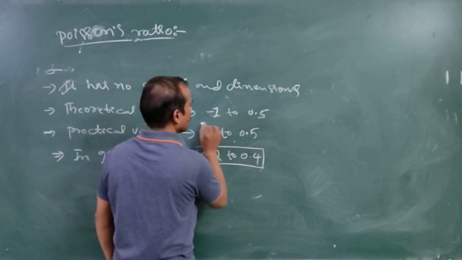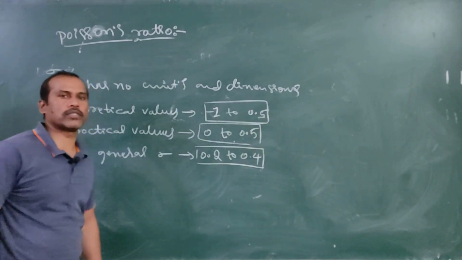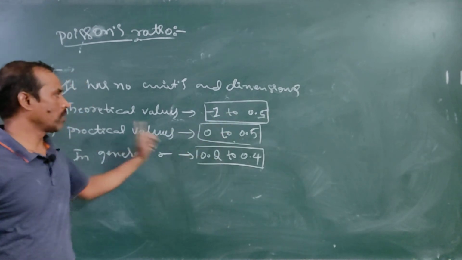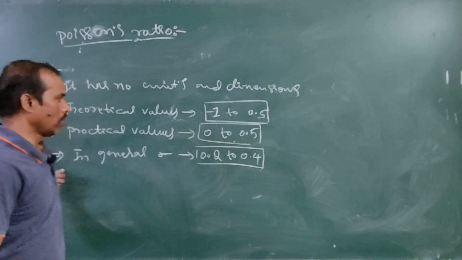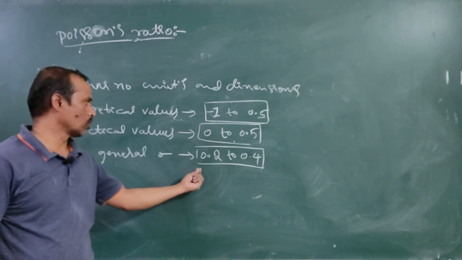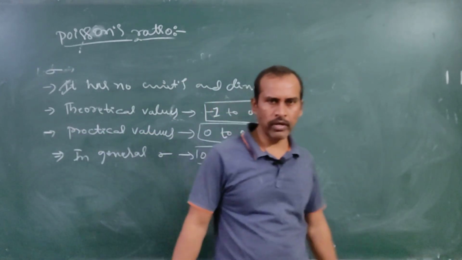These are the 3 main points. Theoretical values minus 1 to 0.5, practical values 0 to 0.5, and in general the Poisson ratio is between 0.2 and 0.4.